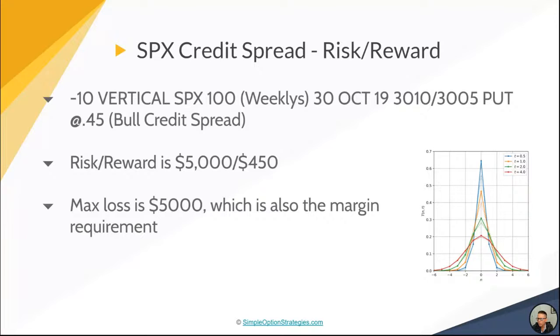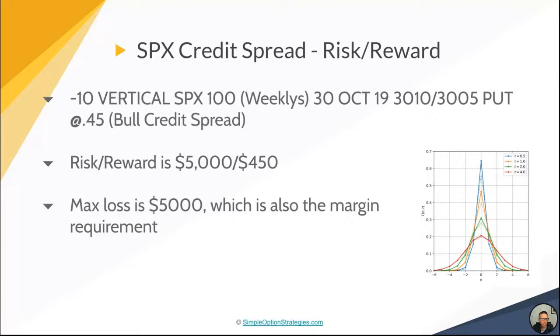This is 3010 to 3005, so it's $500 a contract in this case. If it was 3010 to 3000, it would be $10,000. It's $1,000 margin per how wide it is, right? Okay, let's move on here.